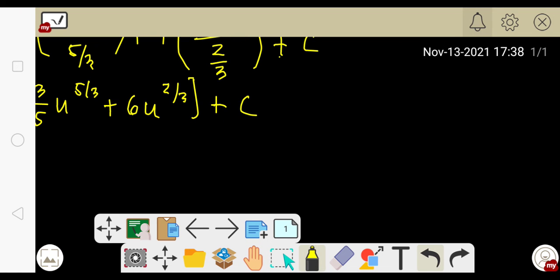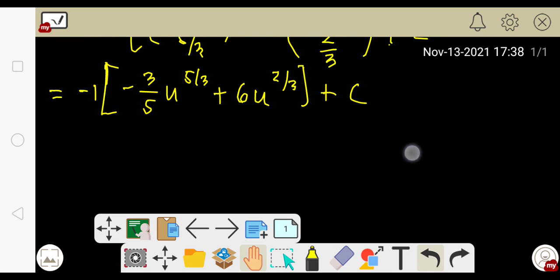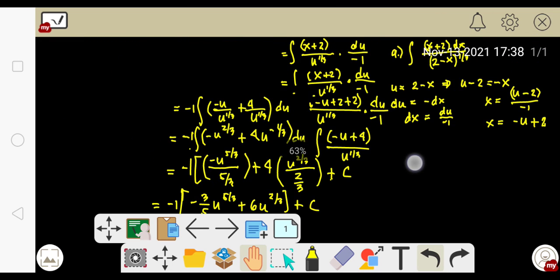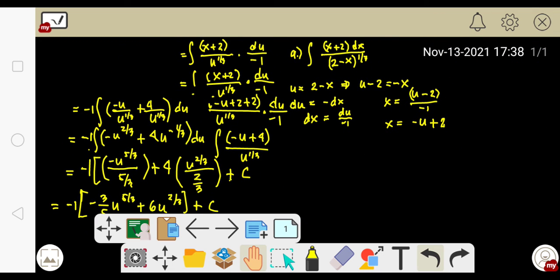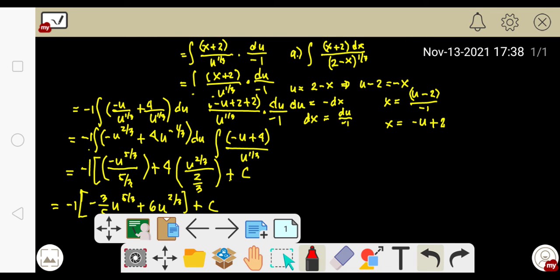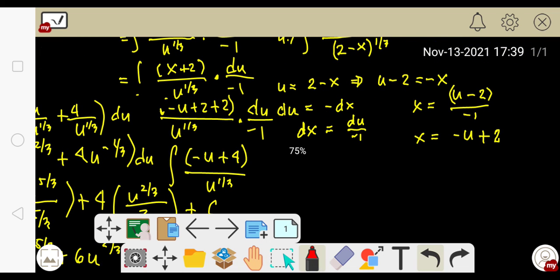Okay. Now, what I'm going to do here is to substitute the value of u, since we are going to review it. What is the real value of our u? Our u is just 2 minus x.